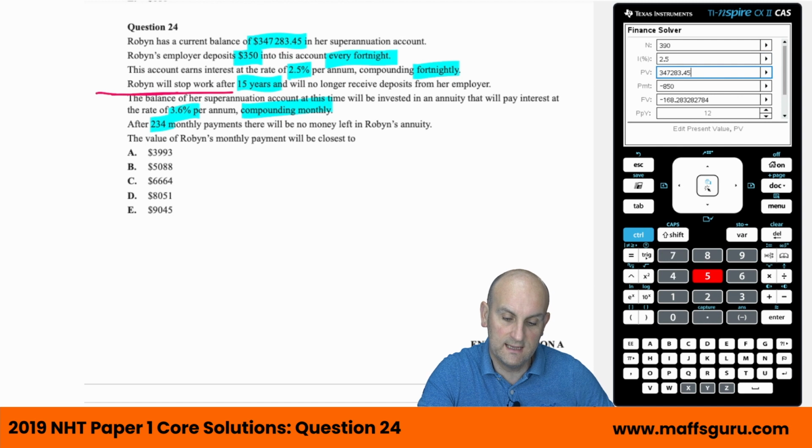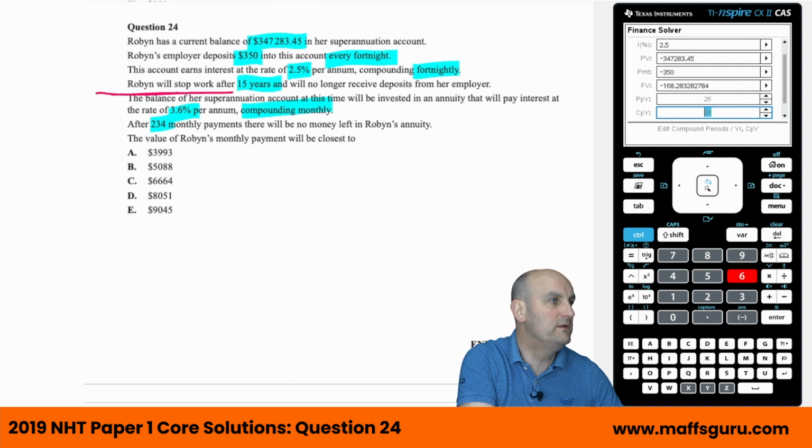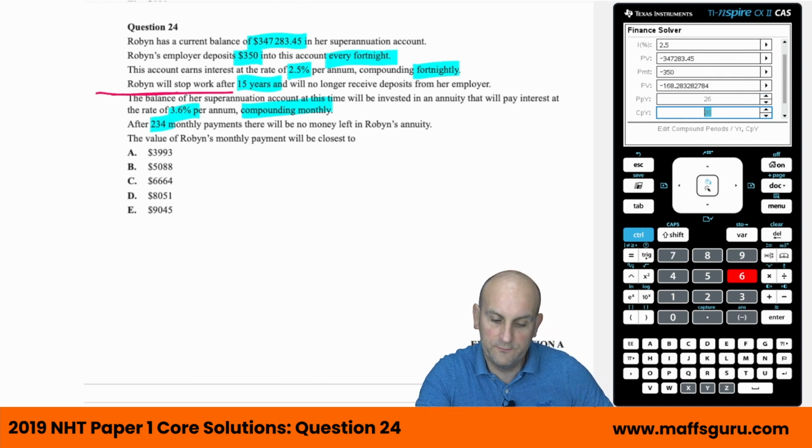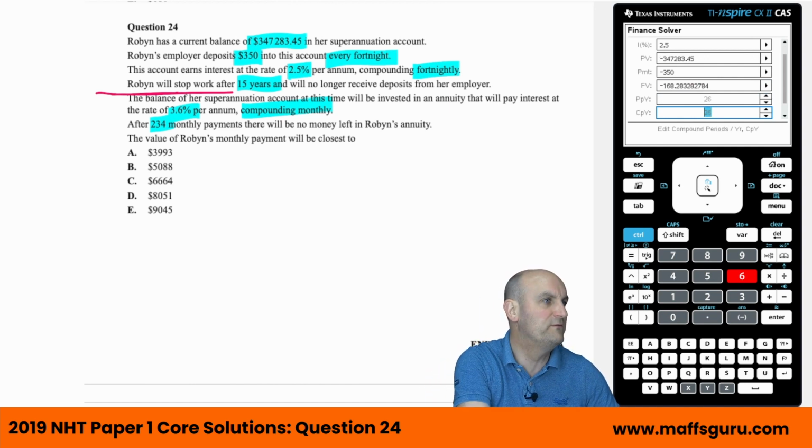Okay, they're going to be minus. Yes, I'm going to make it minus because it's like money being paid in. We're giving in a superannuation account. Robin's employer deposits 350, so minus 350. Payments per year are 26. And if we go down here, the compound periods per year are 26 as well, because it's every fortnight.